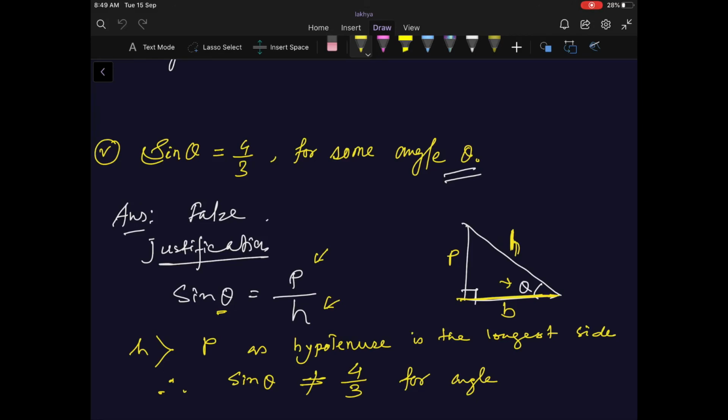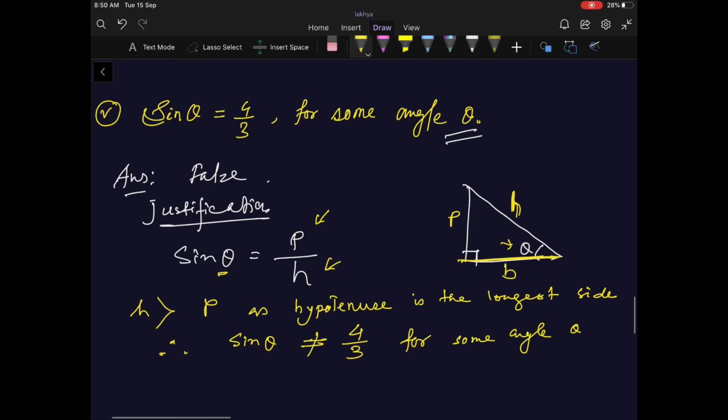Let me write here, for some angle theta, as perpendicular is less than hypotenuse. Perpendicular is smaller than hypotenuse. So that's how we can justify.